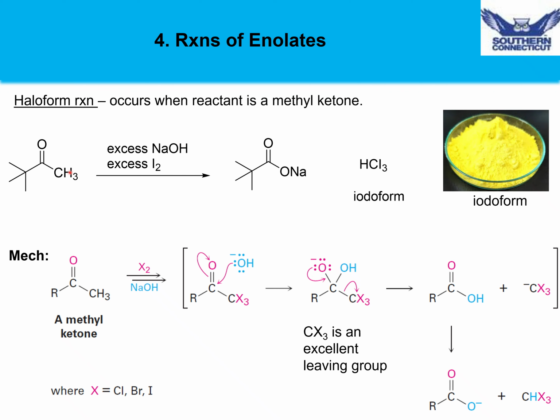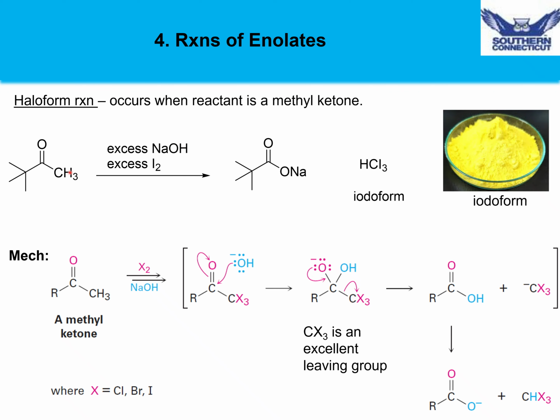That CX3 group will now make this carbonyl very electrophilic, and an OH from sodium hydroxide will attack that carbon, break the double bond to put a negative charge on this oxygen. That gives us this tetrahedral intermediate, and then we do an acyl substitution where the carbonyl reforms and we eliminate this CX3 group.